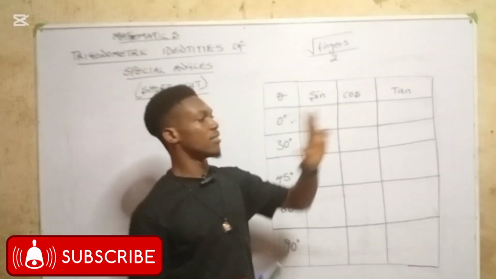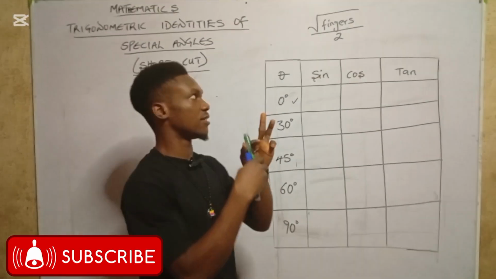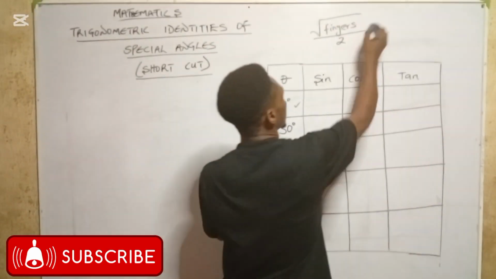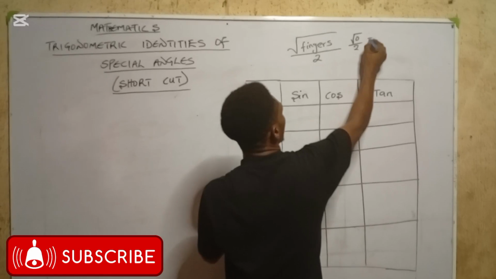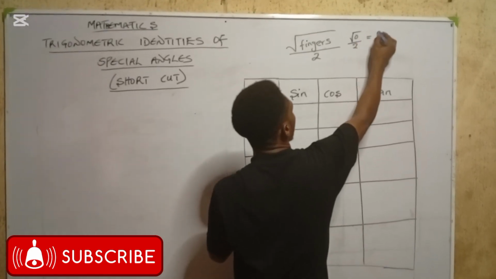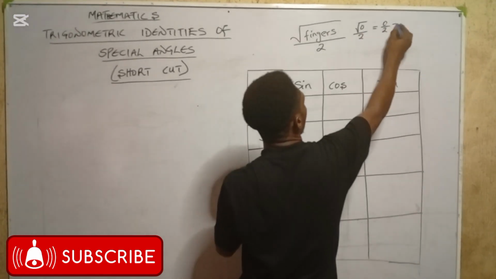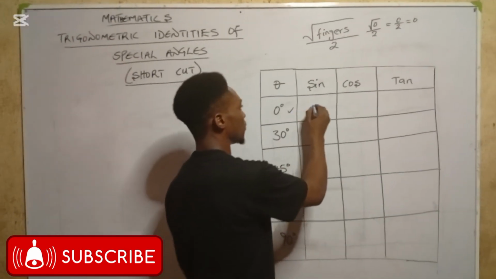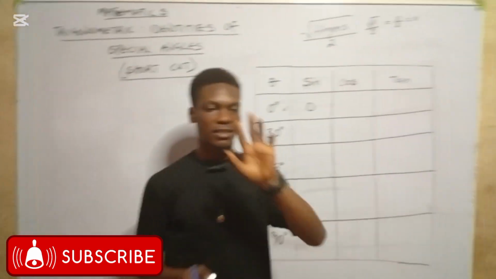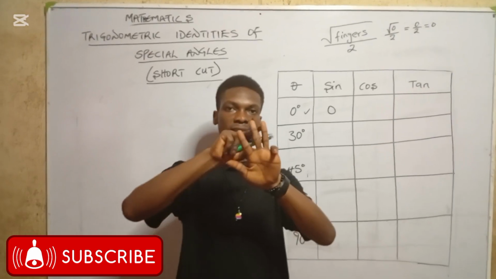Now inserting it in this formula, 0 fingers here. So we are having square root of 0 all over 2, which will give us square root of 0 is 0 and 0 divided by 2 is 0. So sine 0 will give us 0. And as you are still bending it down, the right hand side is your cos.